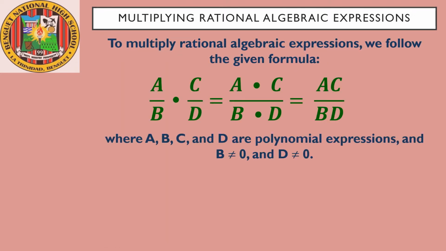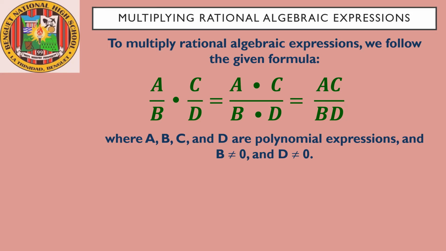A over B times C over D is equal to A times C over B times D, which is equivalent to the product of AC over the product of BD, provided that A, B, C, and D are polynomial expressions and that B and D are not equal to 0.